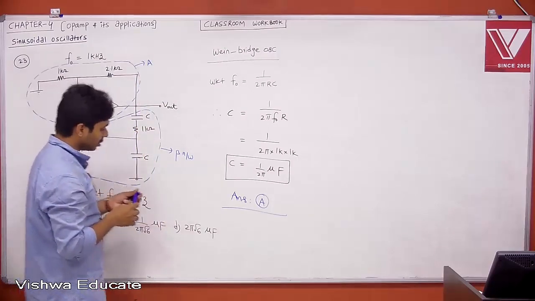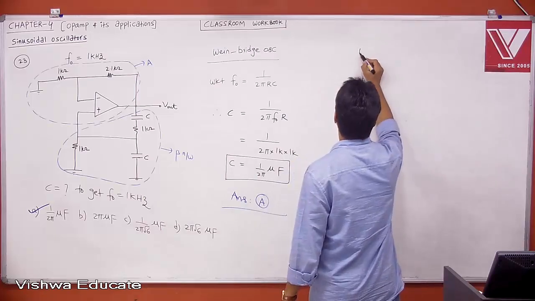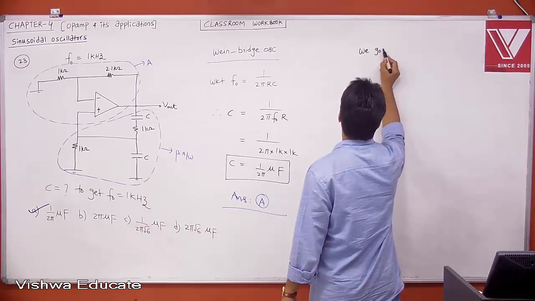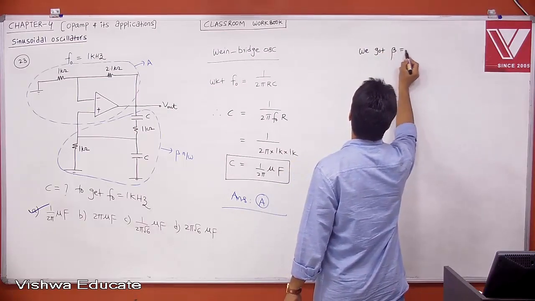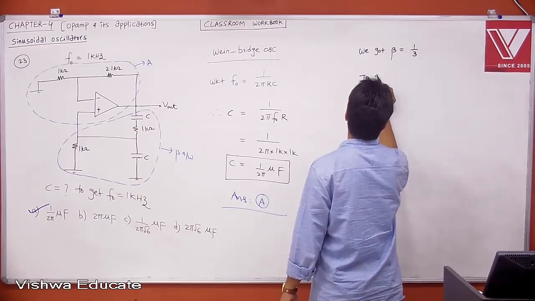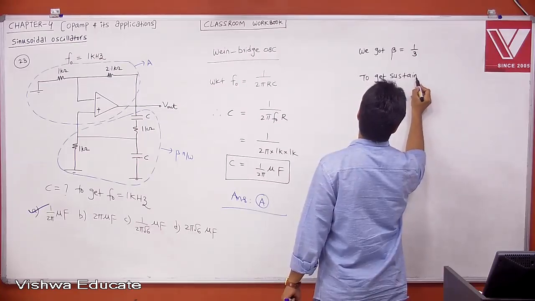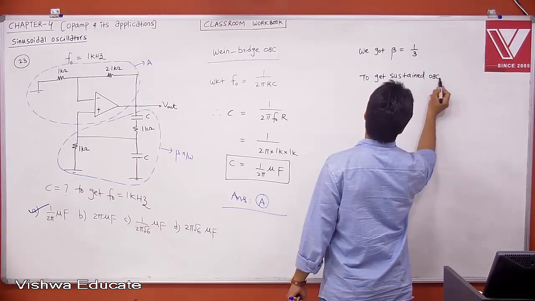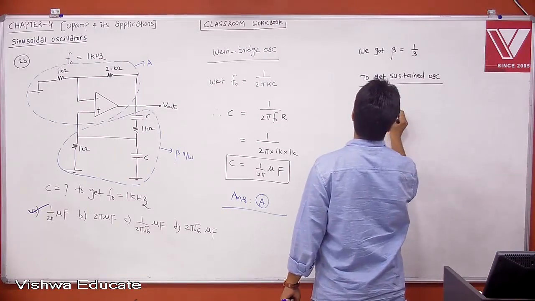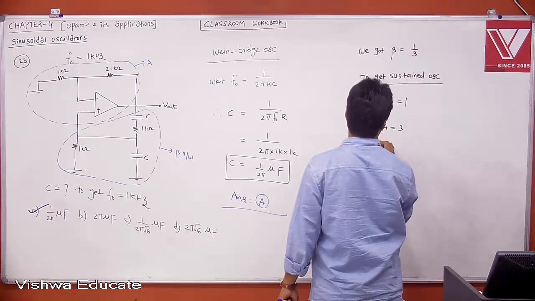For the Wien bridge oscillator, what is beta when you calculate? We got beta as 1 by 3. To get sustained oscillations practically, A beta should be equal to 1, so A is equal to 3. That is what I told.